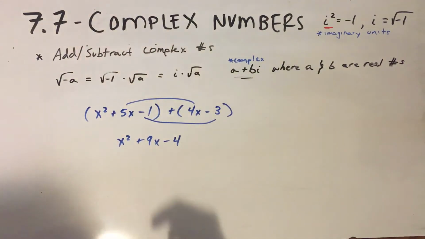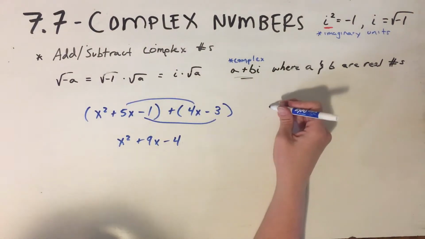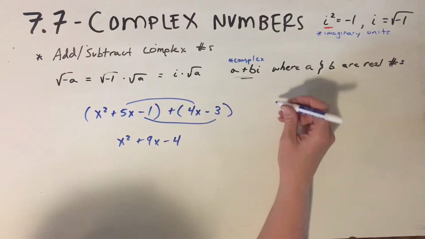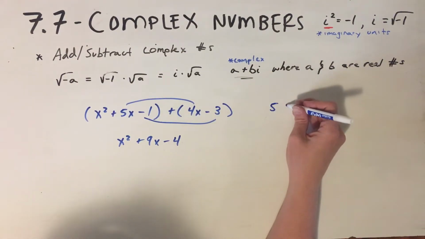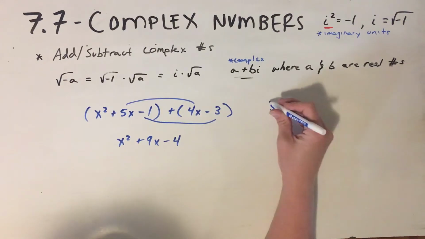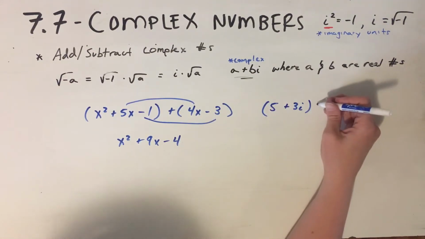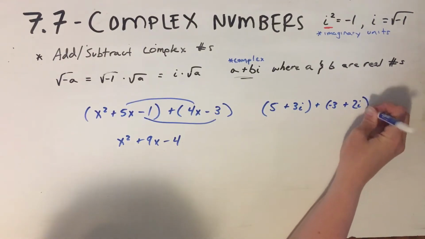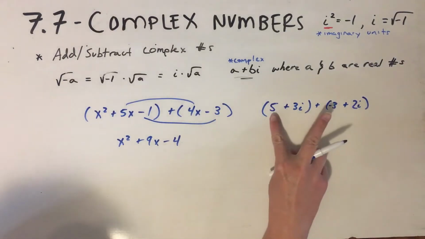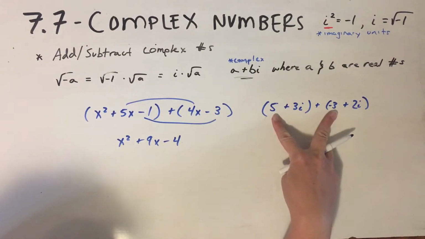So what would the example look like if I were going to add imaginary numbers or complex numbers? So numbers that are written in this form of a plus bi. So say I have 5 plus 3i, and I want to add that to negative 3 plus 2i. Well, I can combine 5 and negative 3 because it's addition.